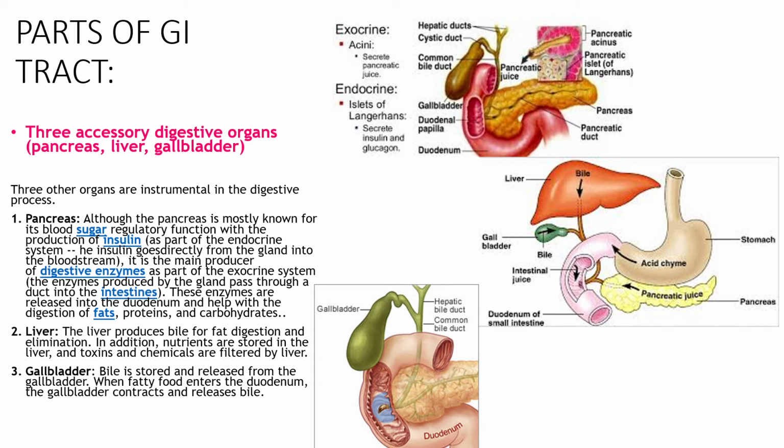The liver produces bile for fat digestion and elimination, that we all know, and the gallbladder is the storehouse of bile. When fatty food enters the duodenum, the gallbladder contracts and releases bile. Here I have given three diagrams. The first one is for the pancreas, the second one is for the liver, and the third one is for the gallbladder.